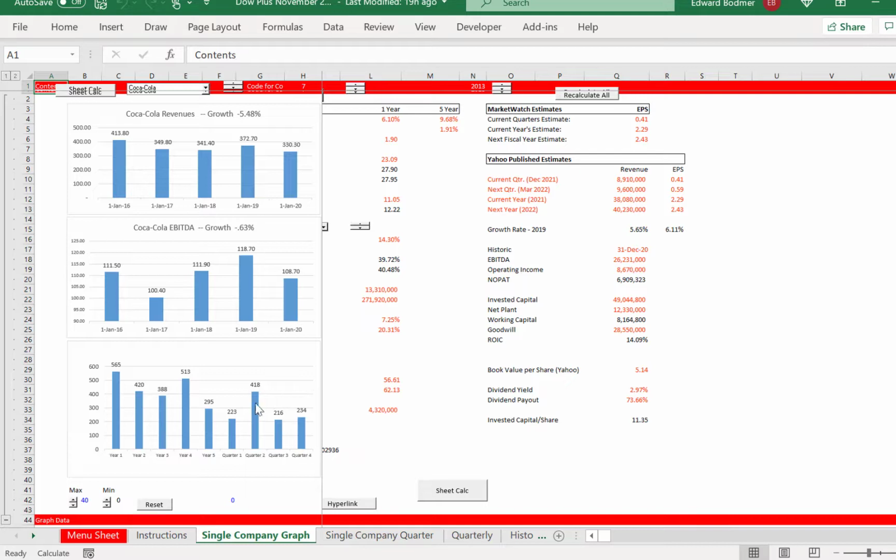For this graph, you see it says year 1, 2, 3, 4, 5, and then quarter 1, 2, 3, 4. There's overlap here, but I get the year and the quarter, and these are quarterly data, and I try to evaluate what's happening to the most recent quarter.